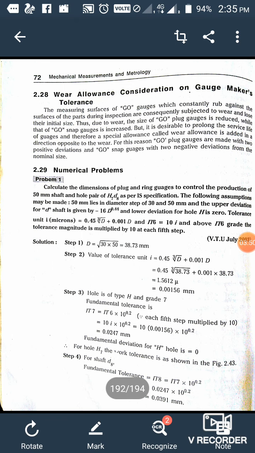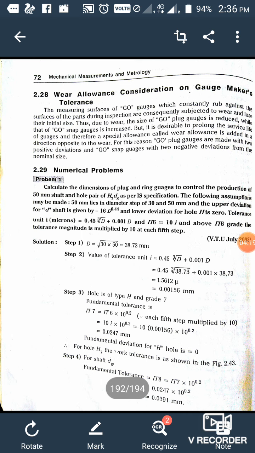IT7 is equal to IT6 into 10 raised to 0.2. The answer is 0.0247 mm, which is the tolerance on the hole. Its lower deviation is 0, it is given. So the tolerance is 0.0247 mm.